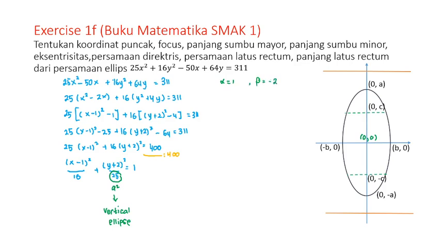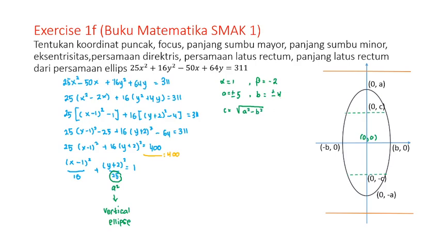Here, this is your a squared. So a is plus or minus 5, and b comes from 16, plus or minus 4. So what is the value of c? c is the square root of a squared minus b squared.